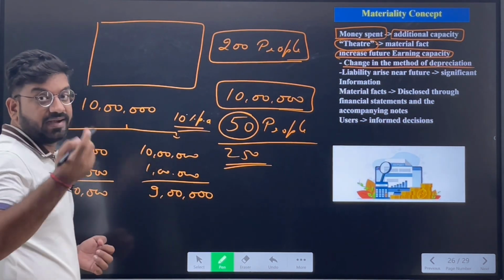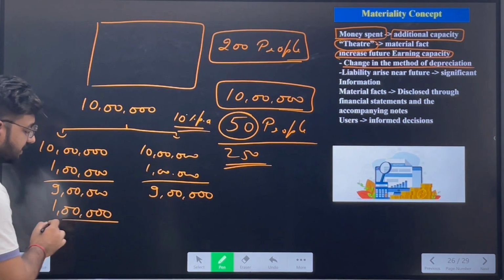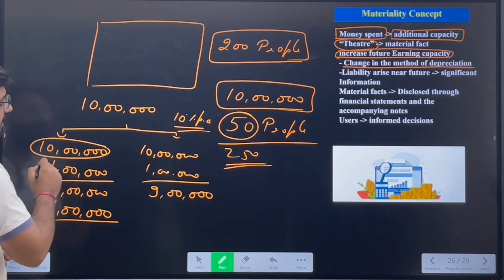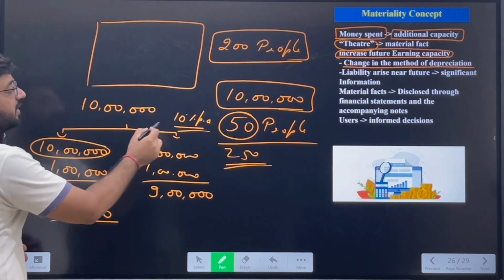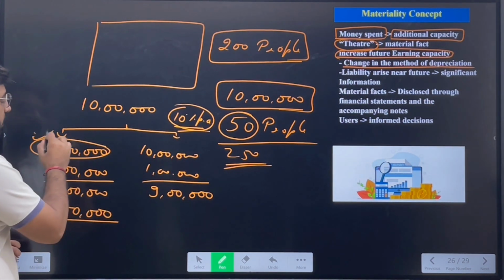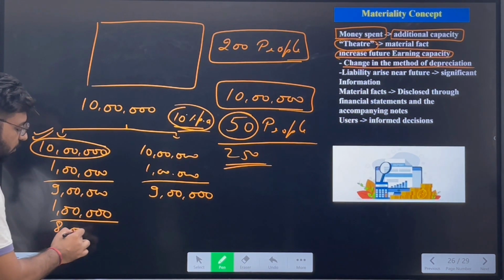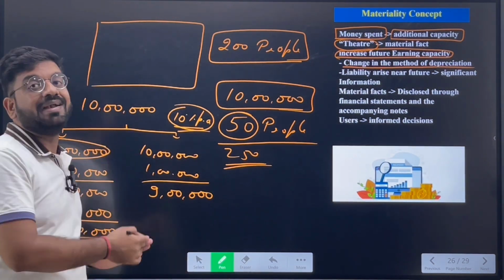Now, after the second year, again I will reduce 1 lakh, that is 10% of the original price. This is the 10 lakhs at which the machinery was purchased, and I am charging depreciation on this 10 lakhs only. So it will reduce by 1 lakh, and at the end of the year I will remain with the machinery value of 8 lakhs. So this is one type of method.